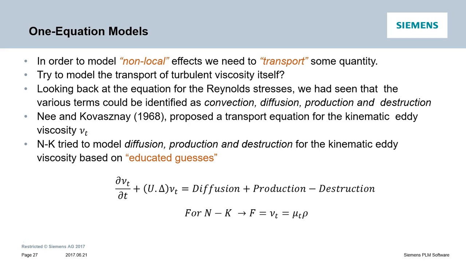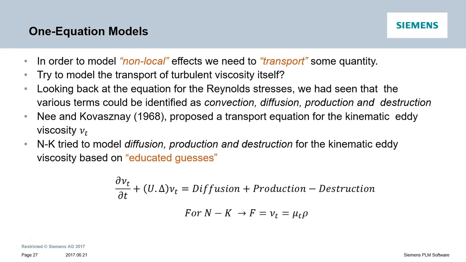And they try to model diffusion, production and destruction of eddy viscosity based on some educated guesses. But since its introduction at the Stanford conference in 1968, this model was never very popular. Perhaps the primary objection was that the transported quantity, the eddy viscosity, is not a fundamental physical quantity, it's a model quantity. So we are trying to come up with a model equation for a model quantity.